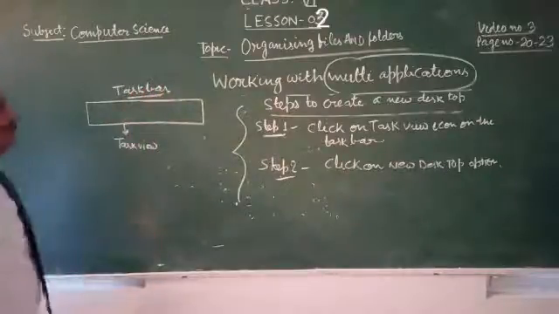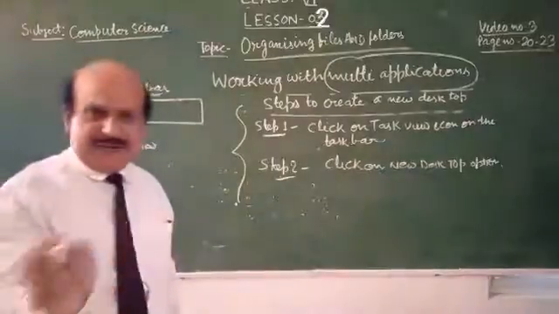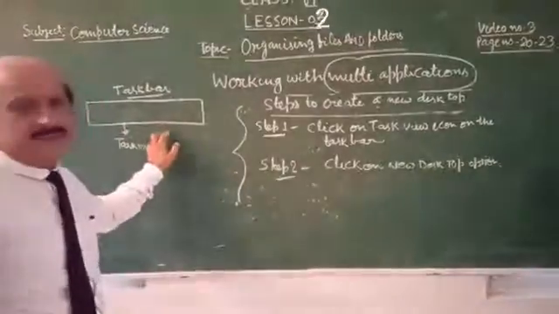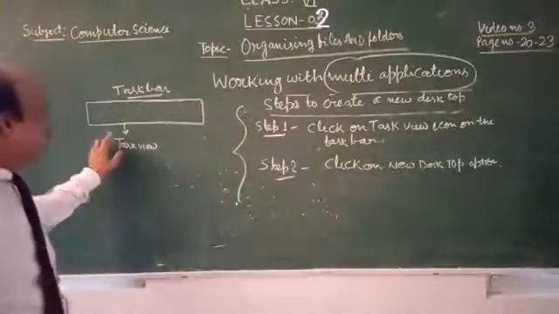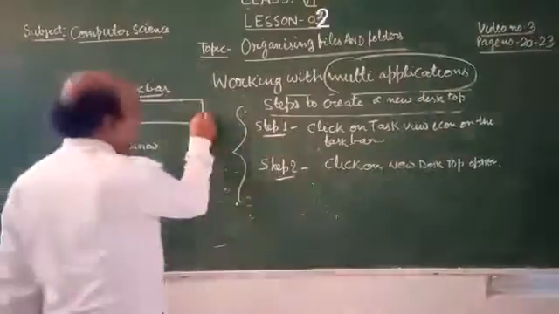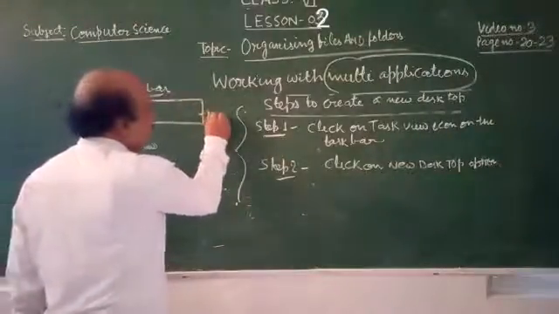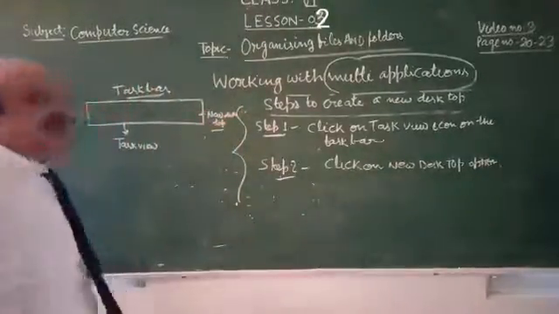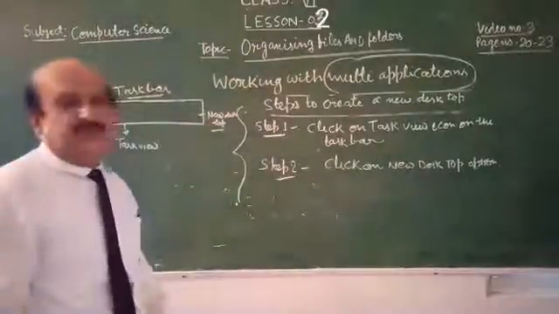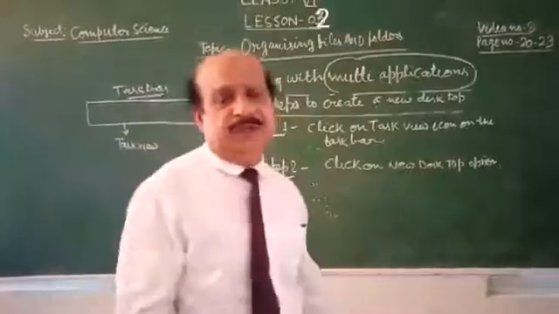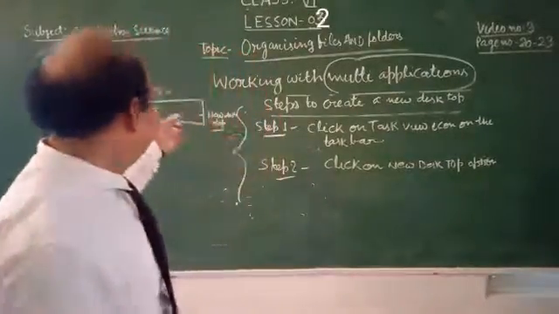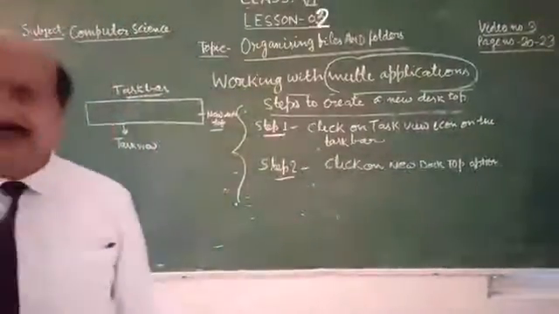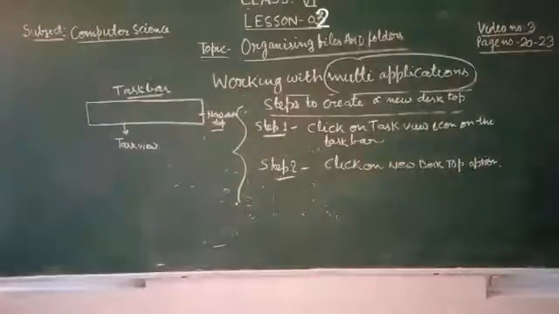Whenever you start to move the mouse, easily you can find all the options present in the taskbar. After that you will click on the task view. Come on here, on this side you will find an option, that is the new desktop. You will put the cursor on new desktop. So you will see a new desktop created on the screen. So student, these are the steps by which we can create a new desktop on the computer screen.